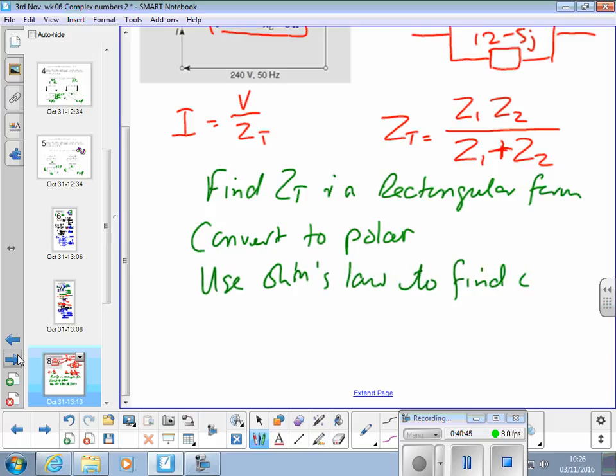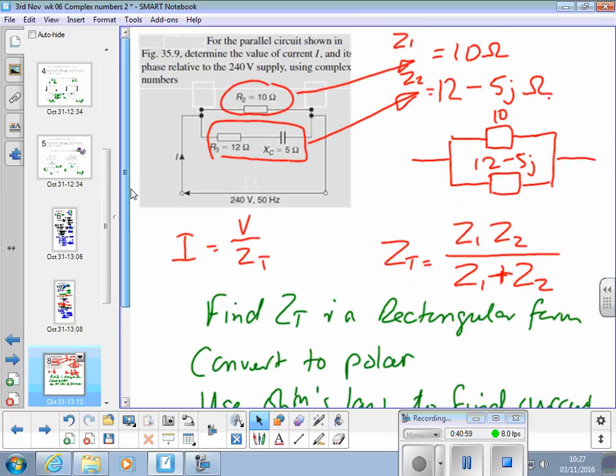If your voltage is in polar form, 240 volts, 50 hertz, angle zero. So I'm going to pause that video there.